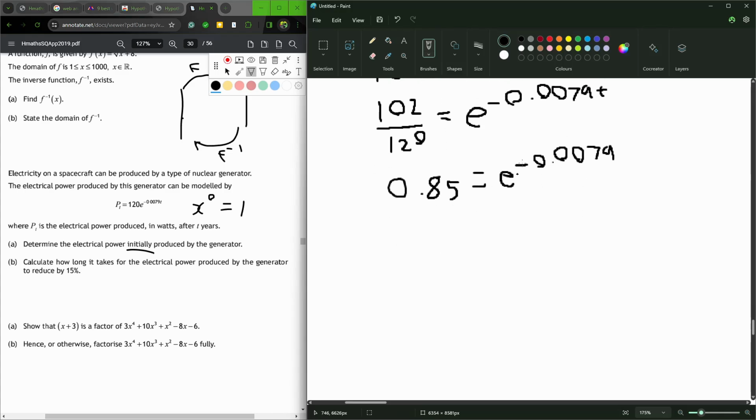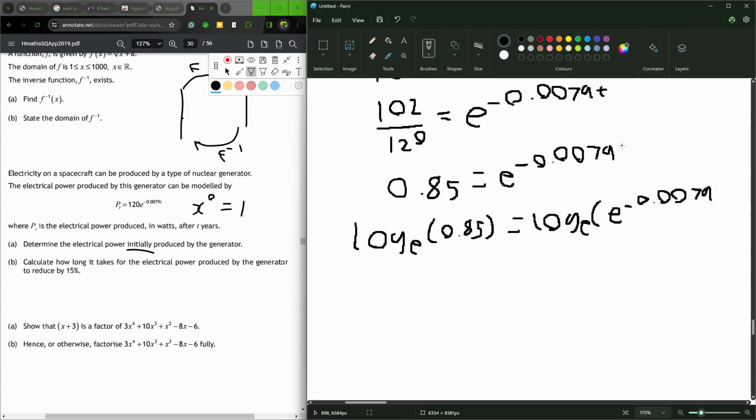Okay, and this e term is in here. So I'm going to take log e of both sides, log base e, and that will get rid of e. There's a t on here that I've been forgetting.